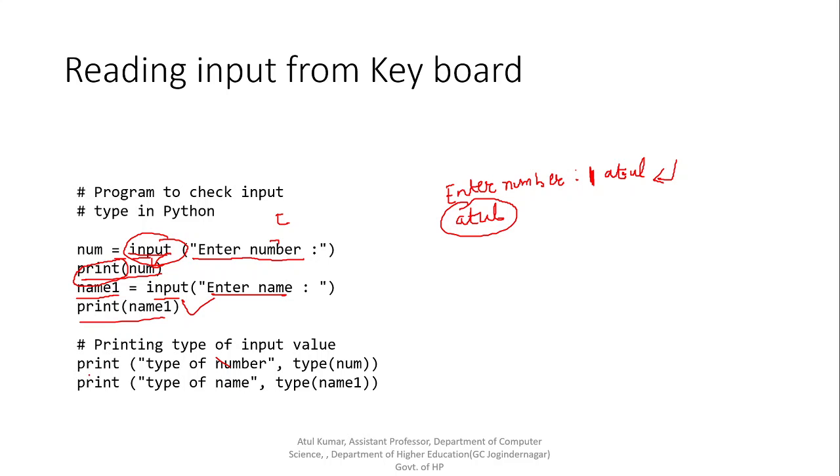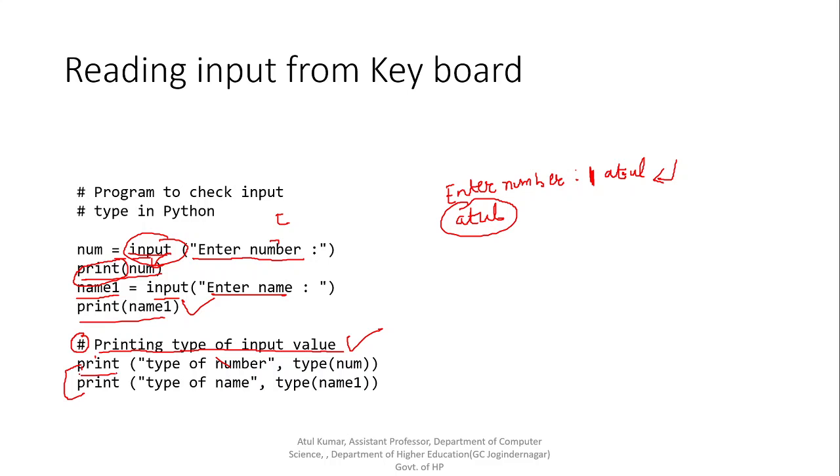In the next statement, this hash means it is a comment. When a line is preceded with a hash, it is a comment in Python, and it is not interpreted. It is just for knowledge or understanding of what is written in the program. These statements print the type of inputs.